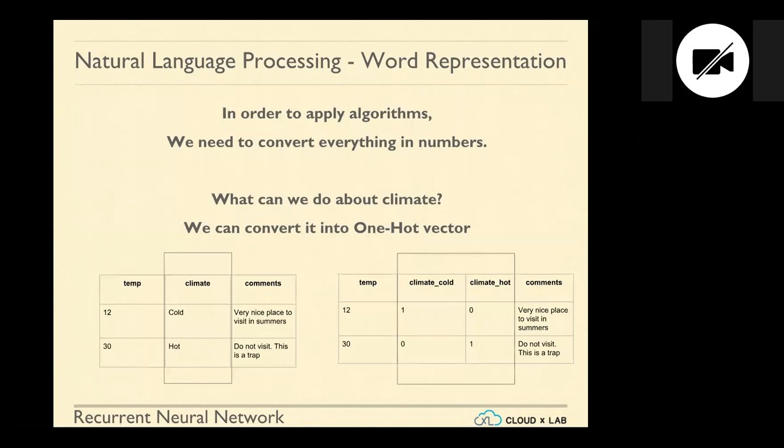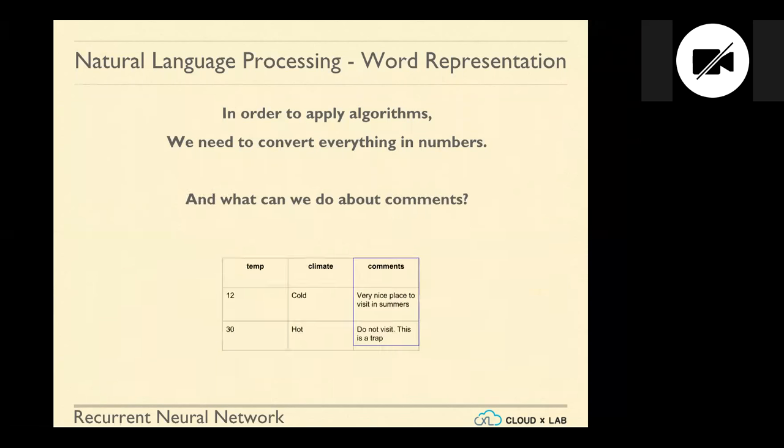So we need to convert all the features of the data set into numbers, right? Climate we were able to convert by breaking it into multiple columns. Now, the question is, what about comments? How do we convert this column called comments into a number?